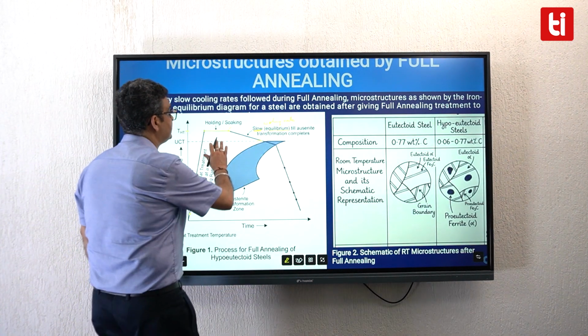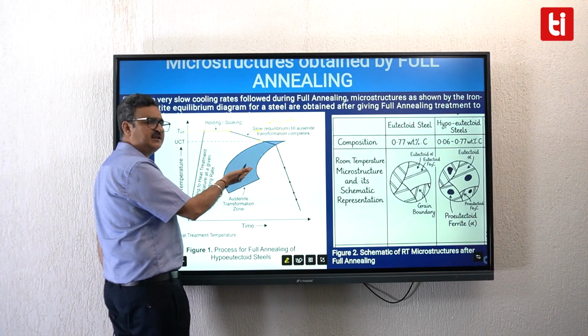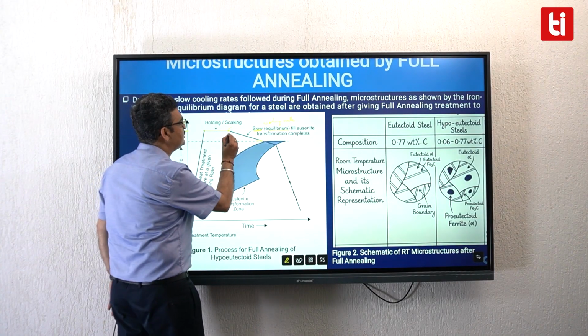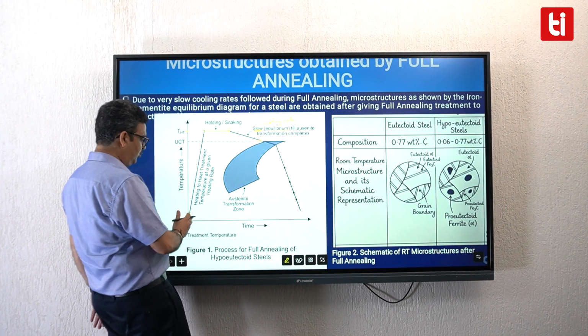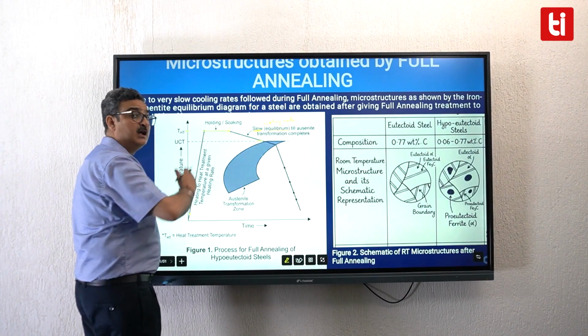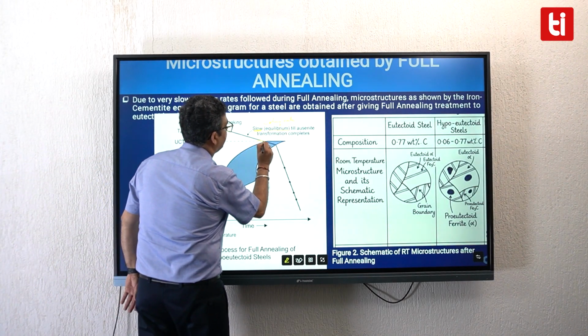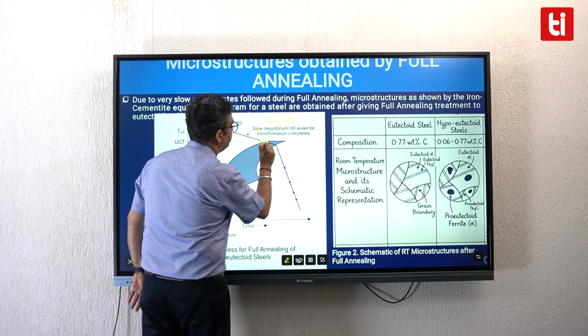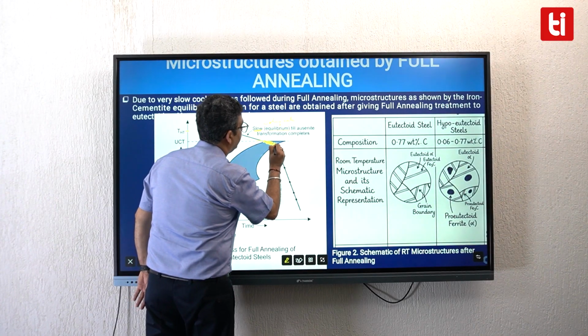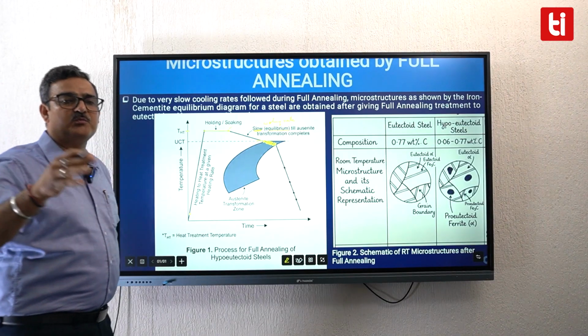Till austenite has transformed. And that you can see from the CCT diagram. The CCT diagram will show you, for this steel which is receiving this full annealing heat treatment, that transformation of austenite starts here. Austenite transforms, and here the transformation is complete.